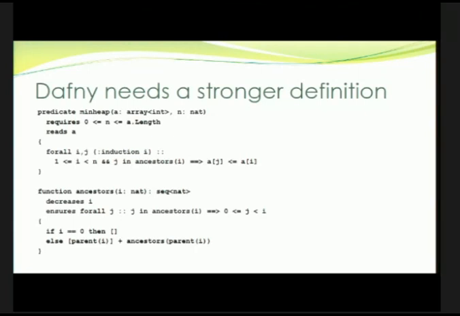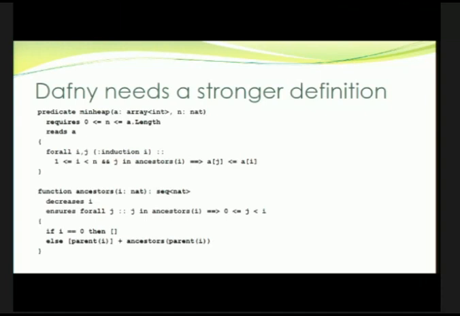It says ensure that for all j in the ancestors, j is smaller than i. The index of all your ancestors is smaller than you. You're going that way in the array. Okay? I needed to say that. And I can't say the simpler version, the local version of that in the parent function, saying that the parent is always smaller than the kid.